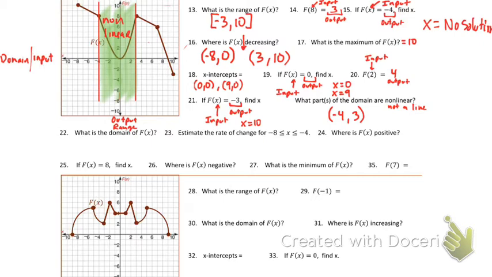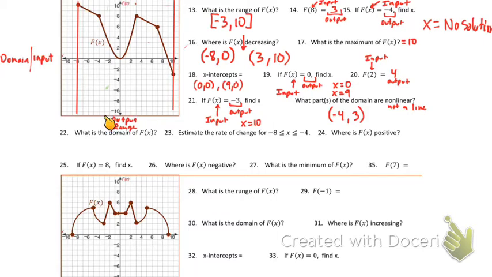Okay, what is the domain of f(x)? So domain is, again, we're going to look at our input line, our domain line. Where does my graph start and where does it end? So if you look, my graph starts here. So I'm going to put a line through my input of where my graph starts there. And it ends here. Okay, so that is going to be my domain.